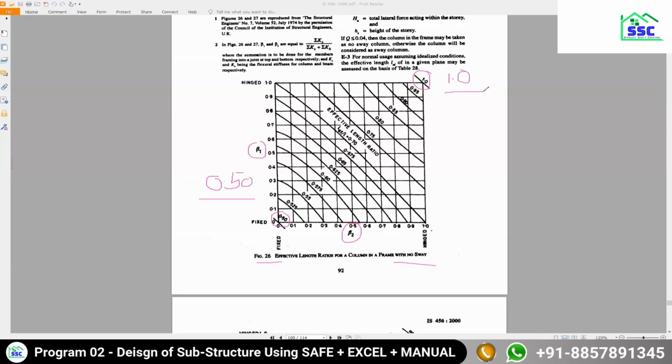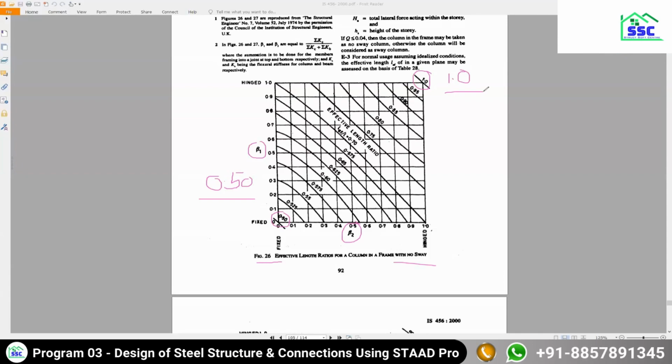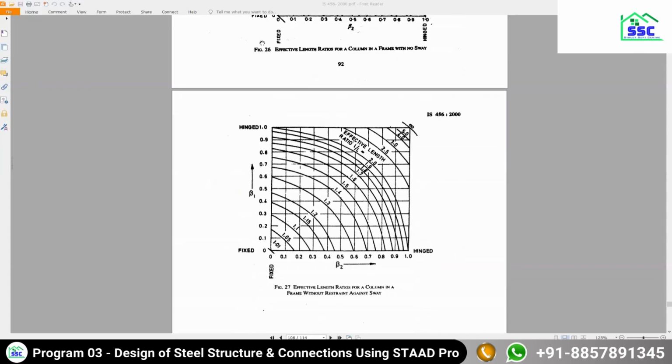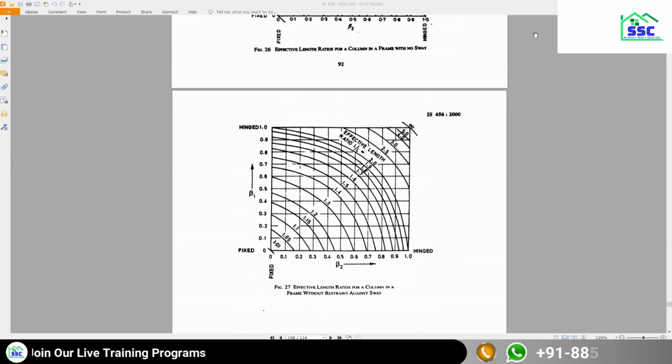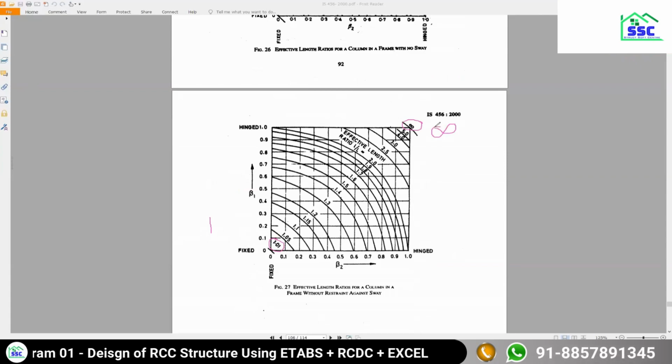So your effective length factor will be in the range 0.5 to 1 when your framing type is non-sway. But if you go to the next figure, the starting point of the effective length factor itself is 1, and the maximum value is infinity.